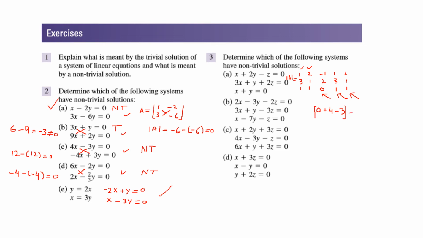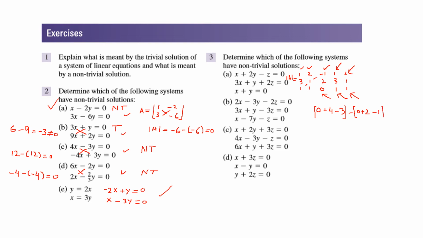Now this diagonal, 1 2 and 1 is 2, and then the diagonal minus 1 and 2 1 is minus 1.